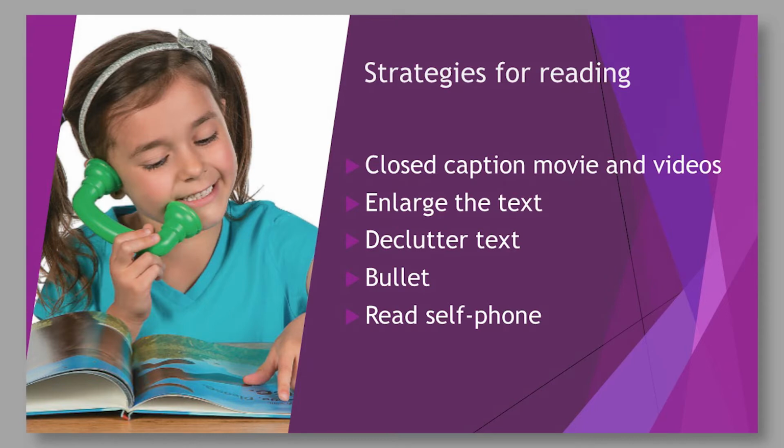My favorite thing to do with text that may be coming in through Google Classroom is that instead of having a paragraph, I'll put things in bullet form. For some students, a paragraph is way too much information to be looking at one time. So when you put it in bullets, they're only seeing one line at a time.